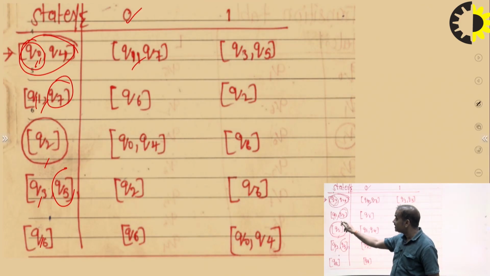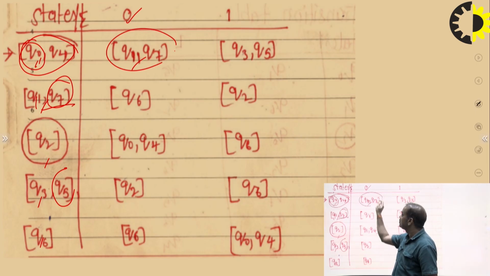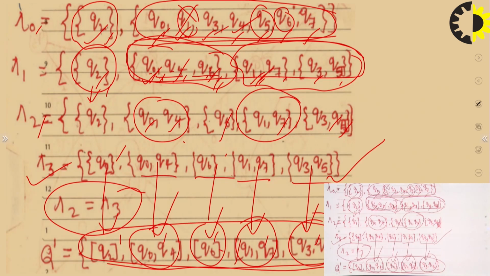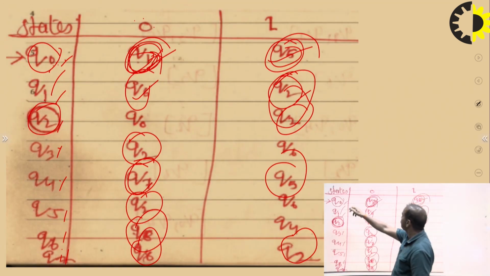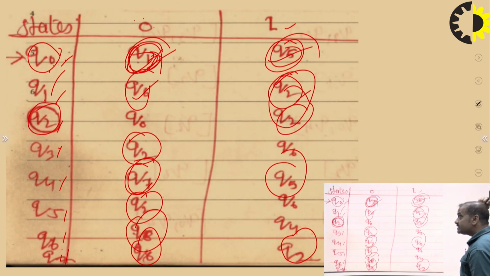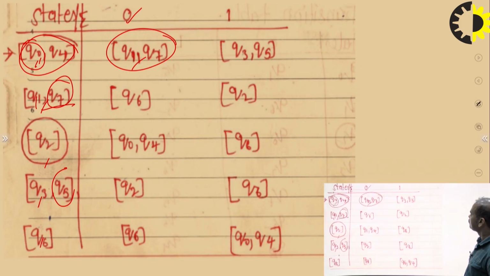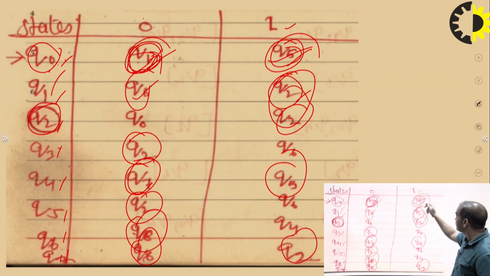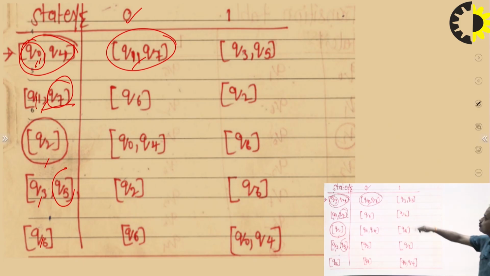Q1 means Q1, Q7, so we write Q1, Q7 here. Q0, input 1, the next state is Q3, or Q5, so we write here Q3, Q5. That's it.